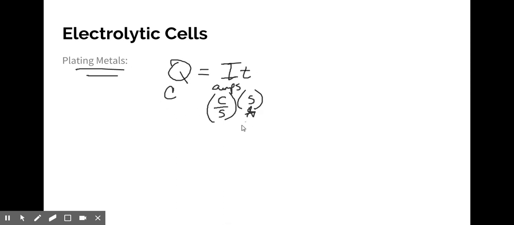Now, they will either give you a current and a time, or they will give you some information where you can work backwards. So let's say we're dealing with copper(II) sulfate in solution, so that's aqueous. Now, let's say we were plating copper onto some other piece of metal. I need to first figure out what that half reaction is for the copper 2+.